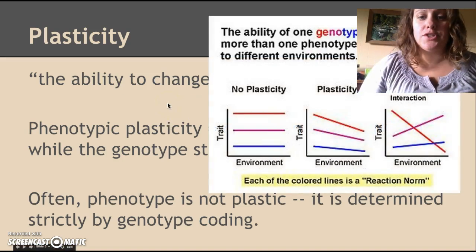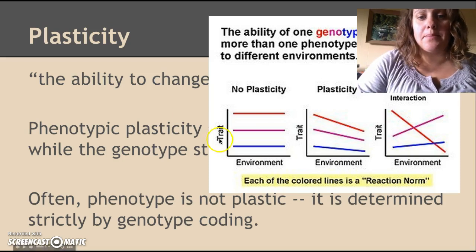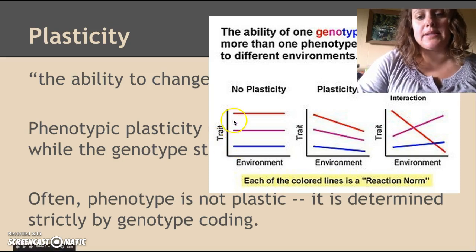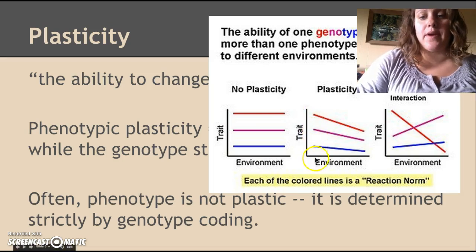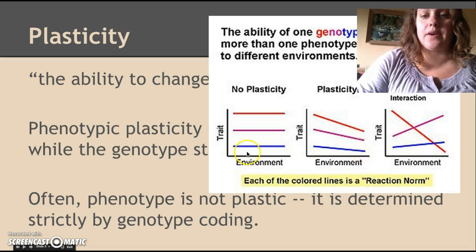Here's a graph that kind of shows that difference. With no plasticity, we would expect any given trait to stay exactly the same as the environment changes. But in a plastic trait, we would see those traits expressed one way in one environment and an entirely different way in the other environment.